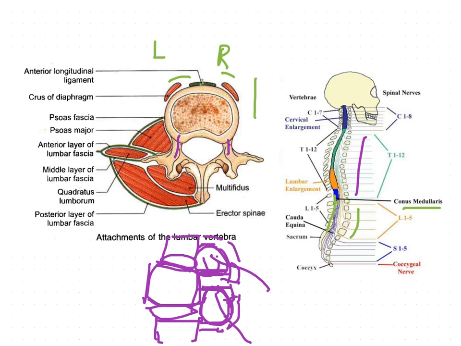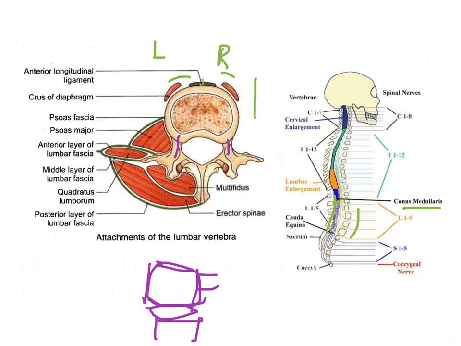Okay. Now coming to the laminae. The laminae provide attachment to the ligament called the ligamentum flavum. So here, this part, the laminae is attached to the ligamentum flavum.